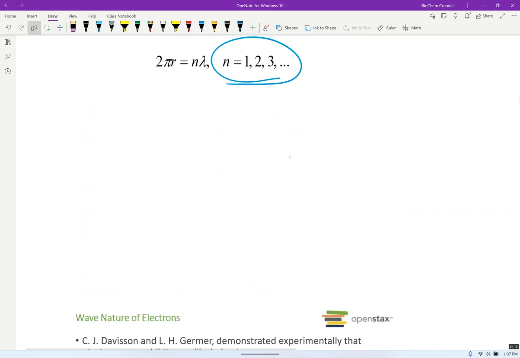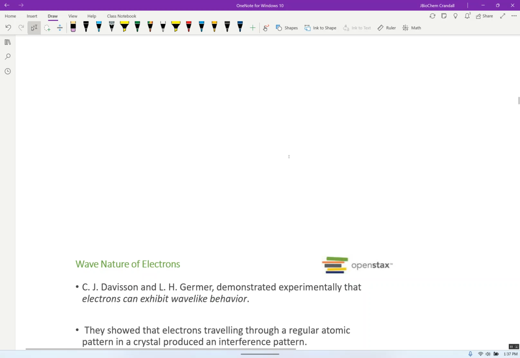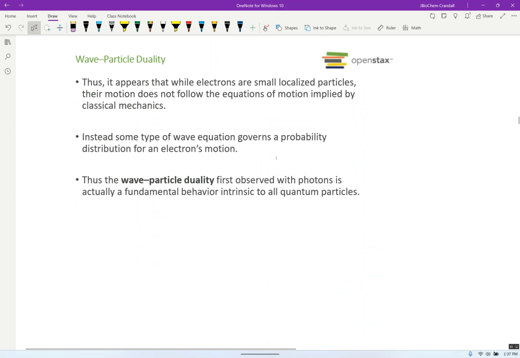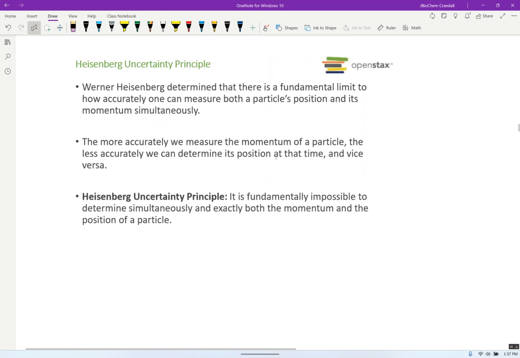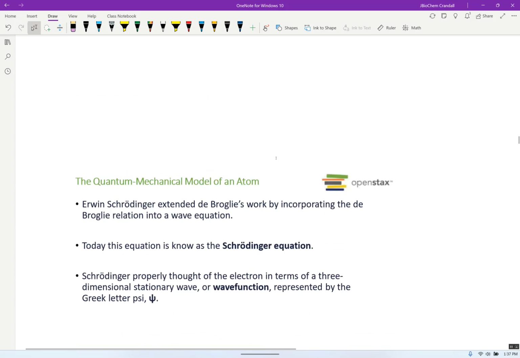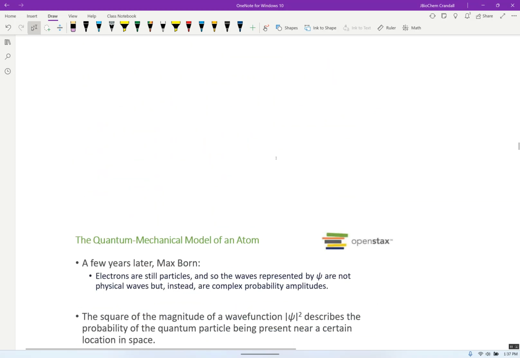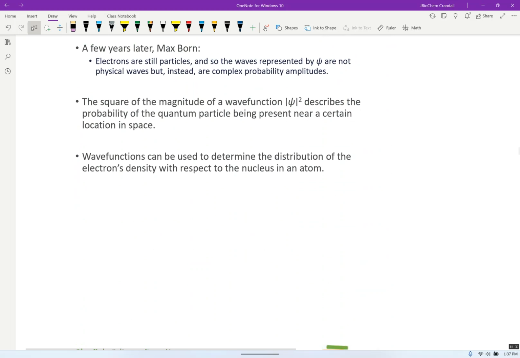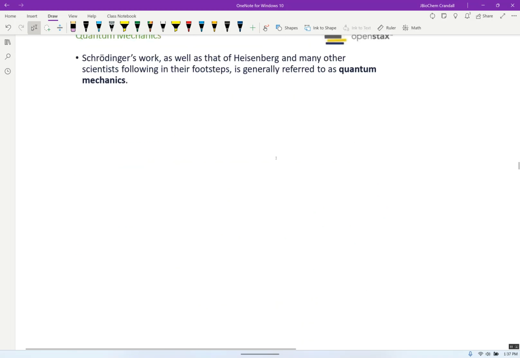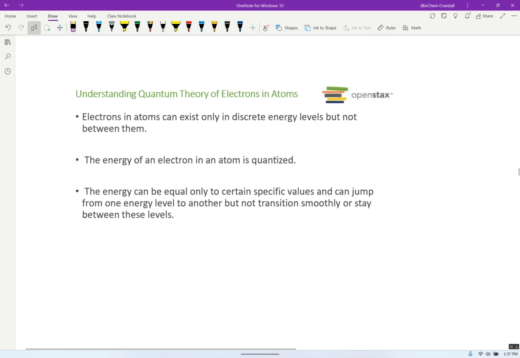That's just talking about those periods, the principal energy levels. So wave duality. Once again, don't worry about those. We don't need it. Schrodinger's equation, for what we're going to look at.